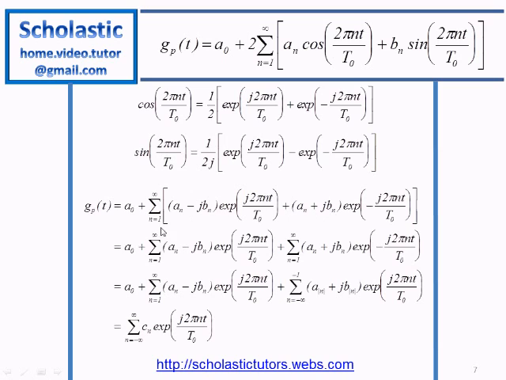Now we are going to reorder these terms by removing the brackets here. We get two summations and one more term. If you notice here, it is an plus jbn times exponential negative j 2 pi nt over T0.